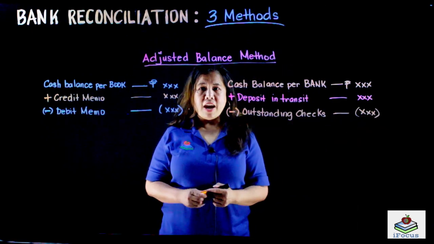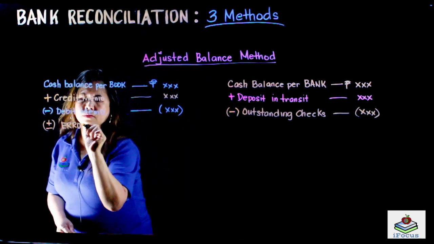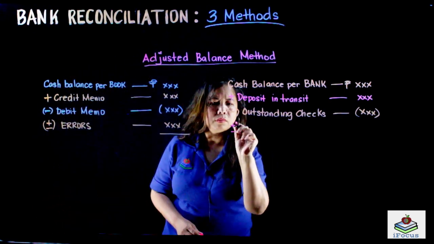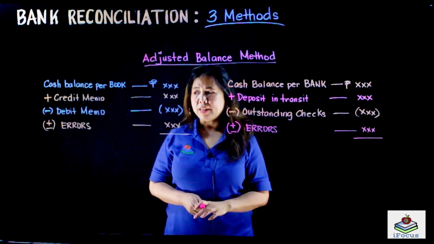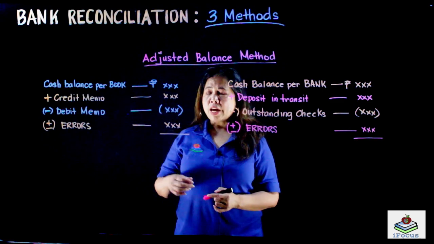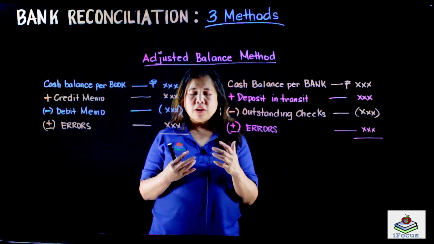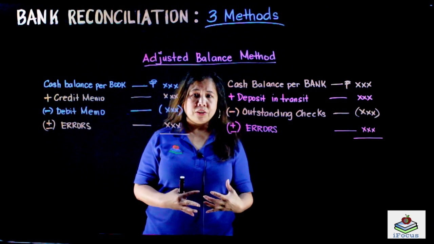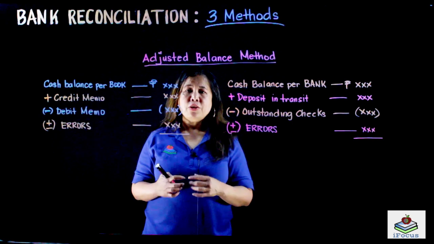Another reconciling item is the error. So, another reconciling item is mga errors na committed either the cash balance per book or the cash balance per bank. So, kung sino ang nakakommit ng errors, doon mo siya i-reconcile o doon mo siya i-correct yung amount na yon.